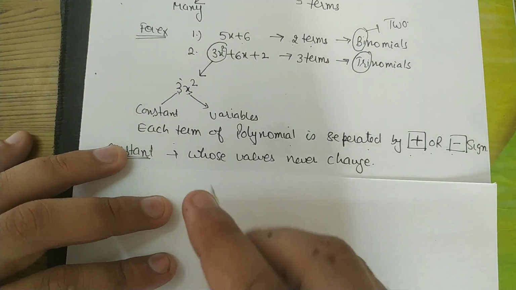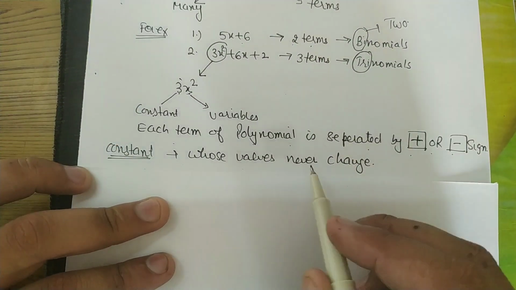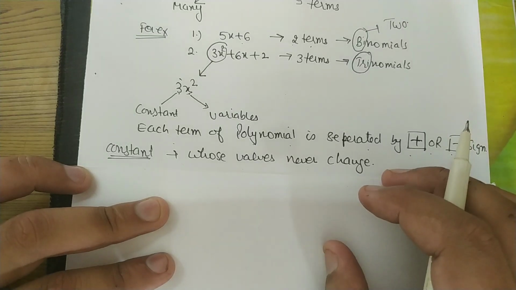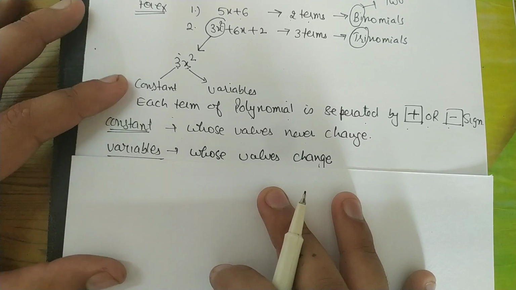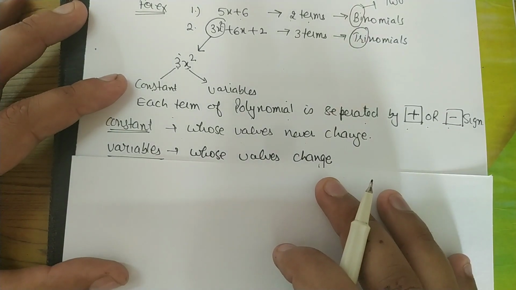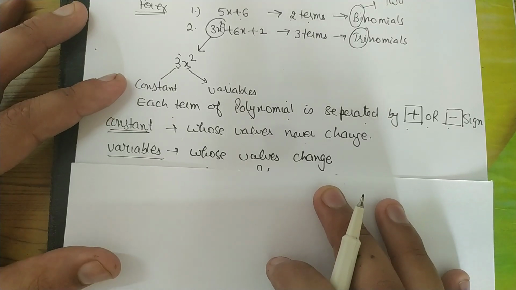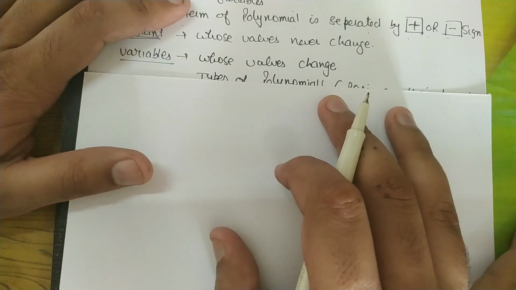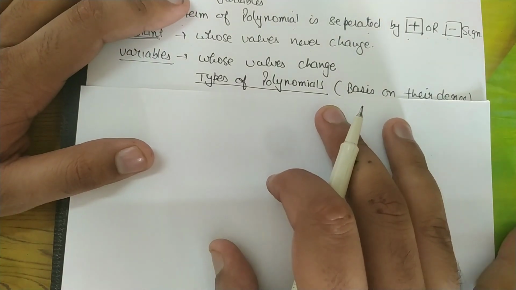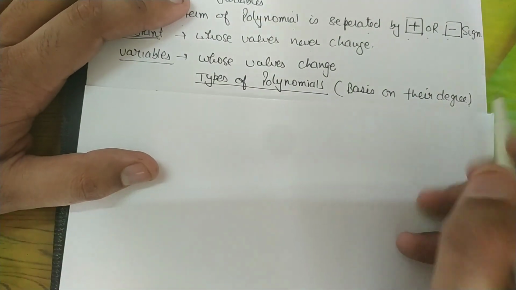Firstly, we'll talk about constants, whose values never change. Those are called constants. And what are the variables? Those whose values change, those are variables.